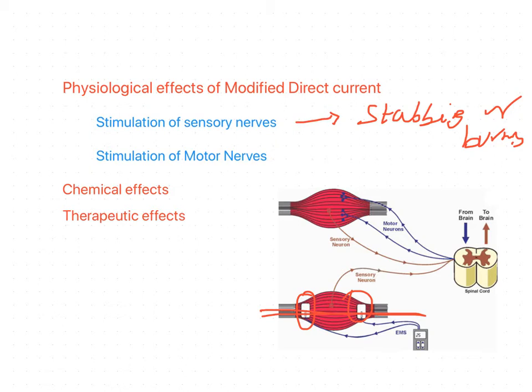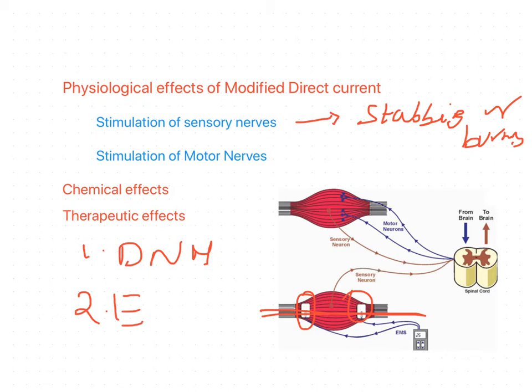If you see the therapeutic effects, what are all the therapeutic effects of this galvanic type? One is the stimulation of denervated muscle. So the first one is the stimulation of denervated muscle. And the next one is for electrodiagnosis.